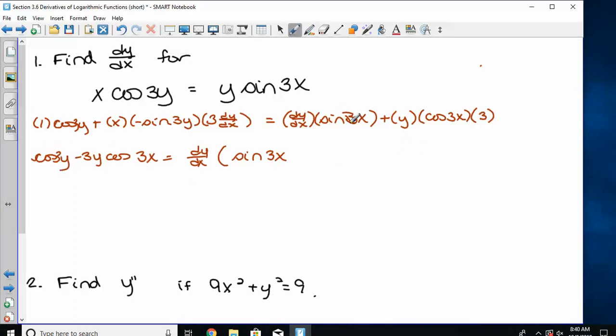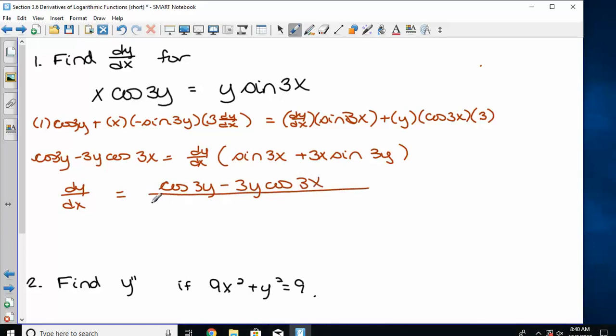Okay. I'm going to bring this term over so it'll become a positive 3x sine 3y. So we divide, so we get cosine 3y minus 3y cosine 3x over sine 3x plus 3x sine 3y.